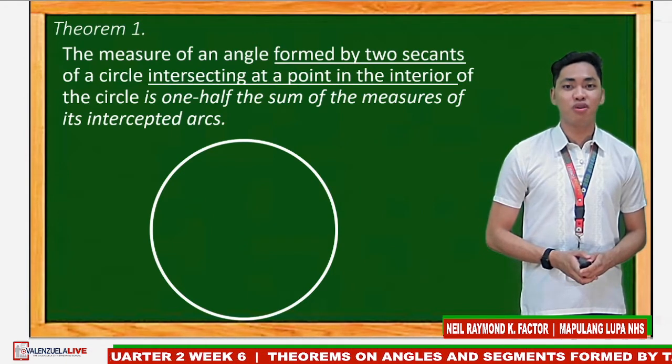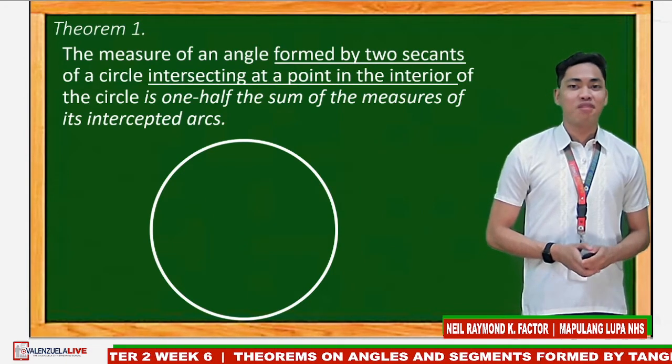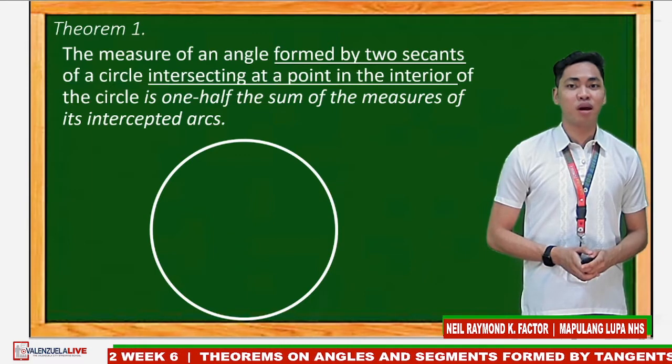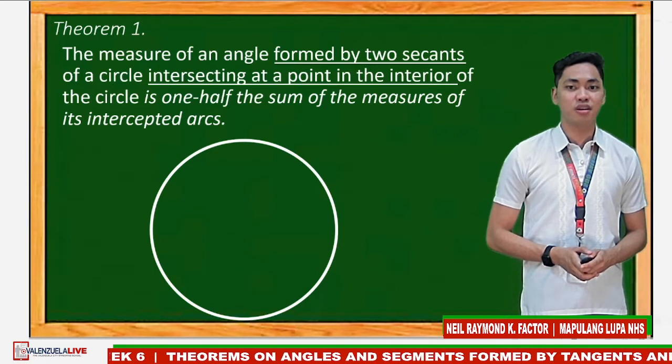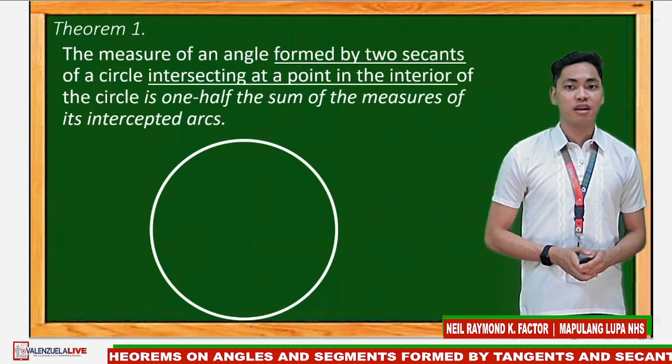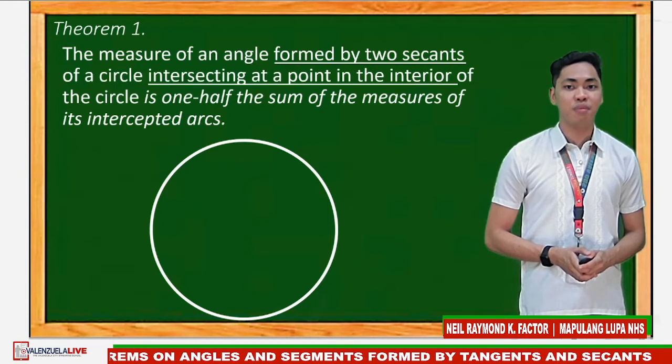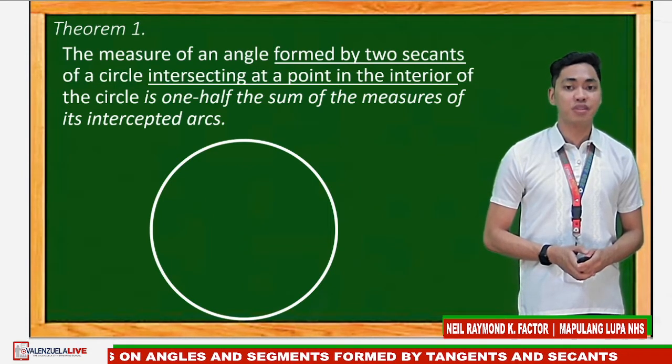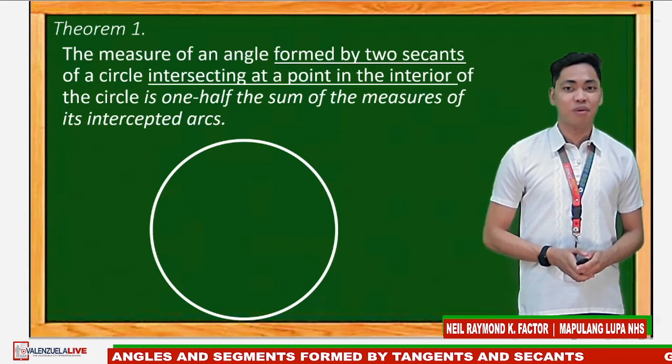I'm going to read theorem number 1. The measure of an angle formed by 2 secants of a circle intersecting at a point in the interior of the circle is 1/2 the sum of the measures of its intercepted arcs. Let me repeat that.